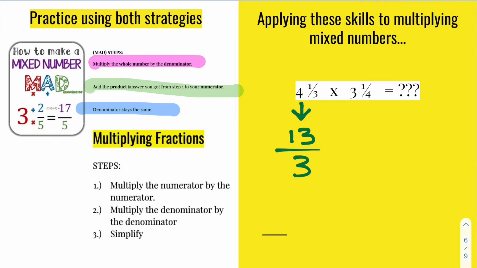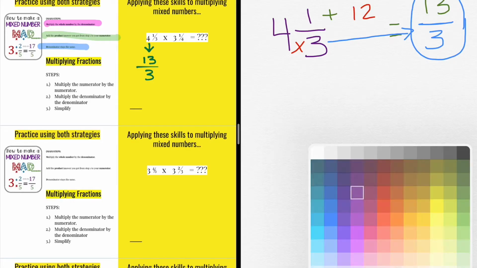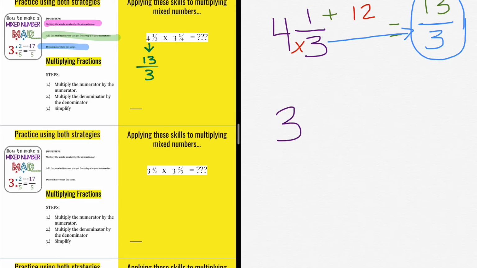And then I'm going to repeat the step with 3 and 1/4. First, I'm going to write down 3 and 1/4. Then I'm going to go to step 1, multiply my whole number by my denominator. 3 times 4 gives me 12. Step 2, add the product, or my answer, to my numerator.